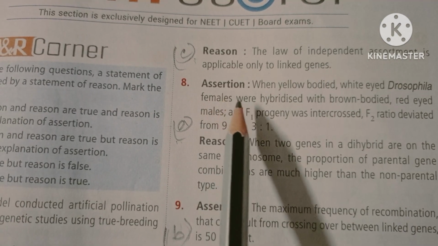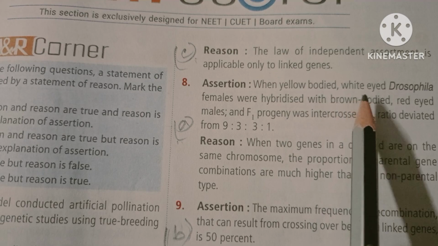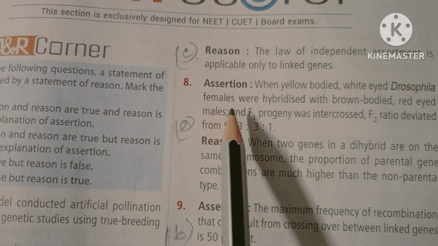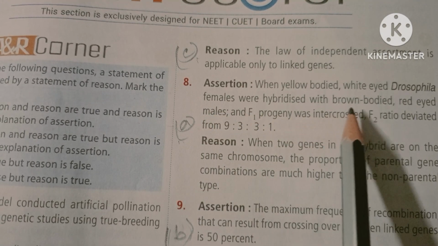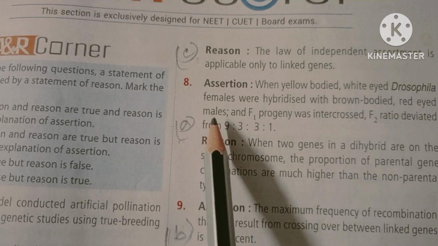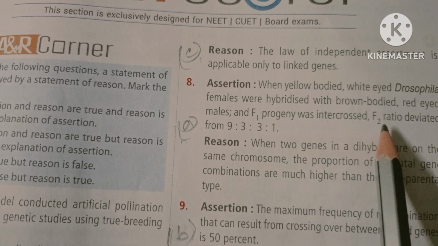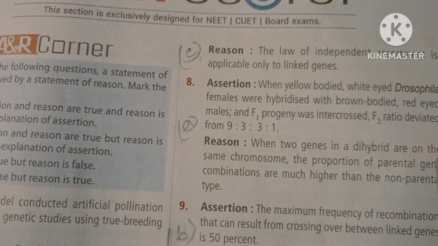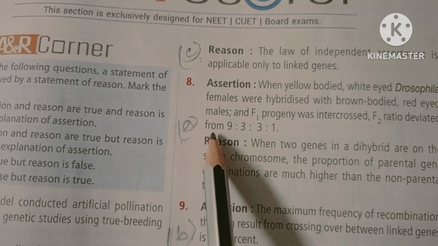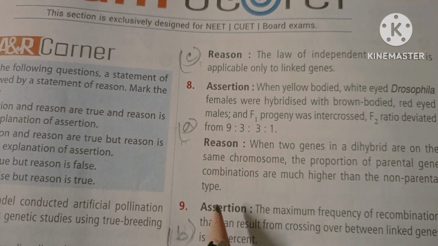Next, assertion: When yellow-bodied, white-eyed Drosophila females were hybridized with brown-bodied, red-eyed males and F1 progeny was intercrossed, F2 ratio deviated from 9:3:3:1.